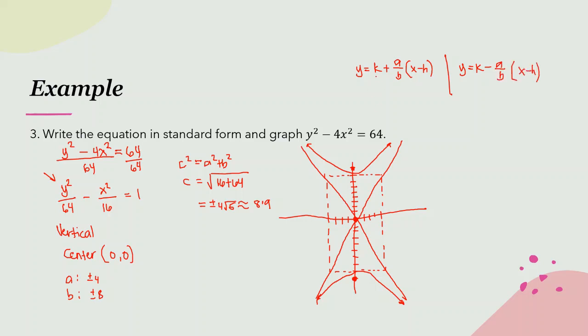And since our k and h are 0, and our a is 4 and our b is 8, that is 1/2 x. This is also negative 1/2 x. So these are now the equations of our asymptotes.